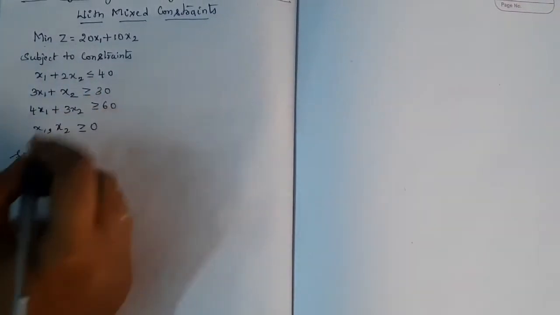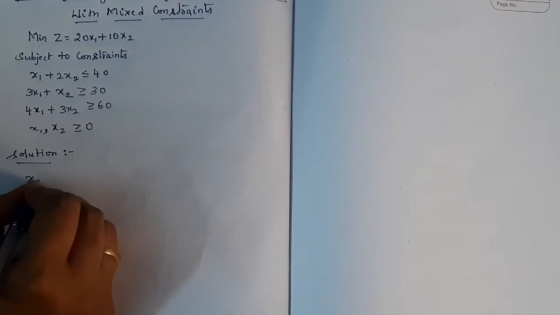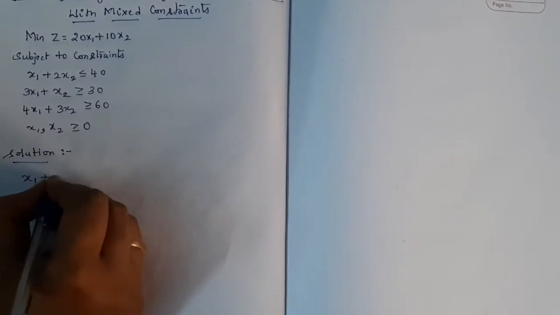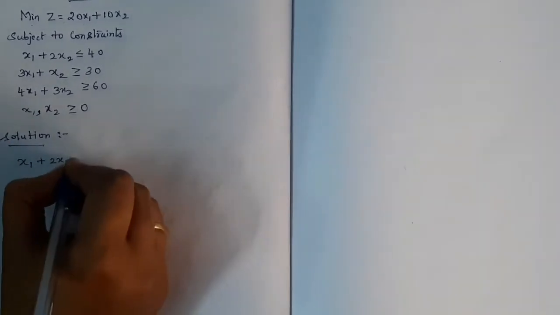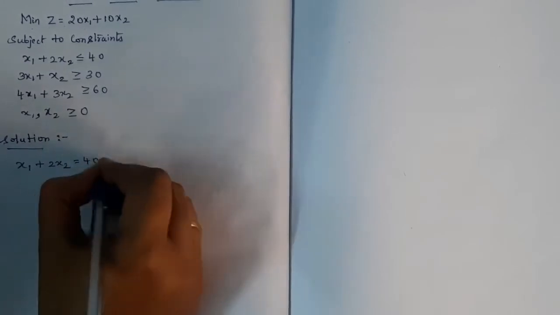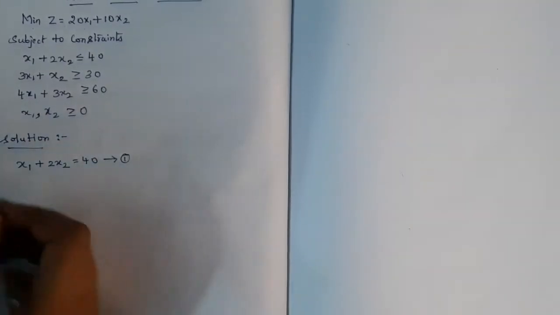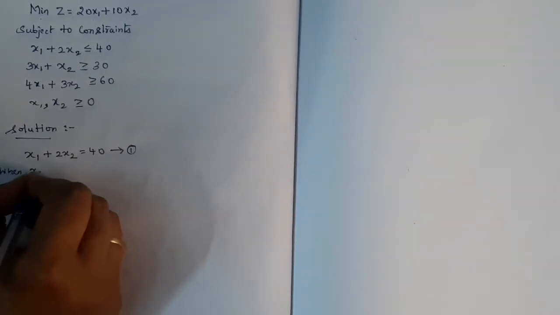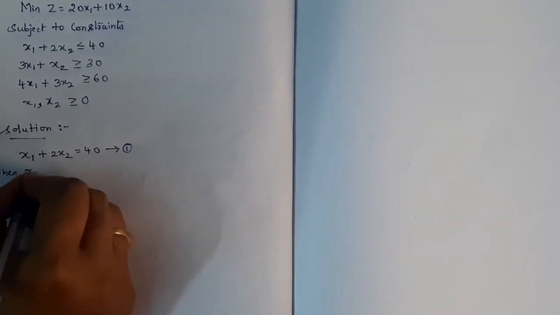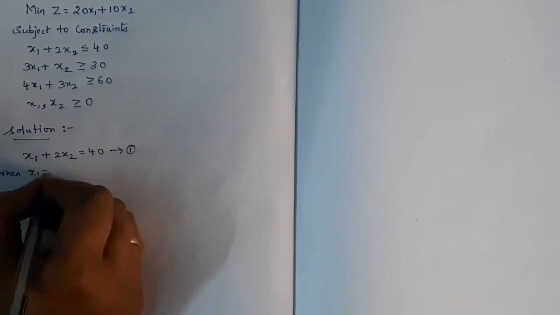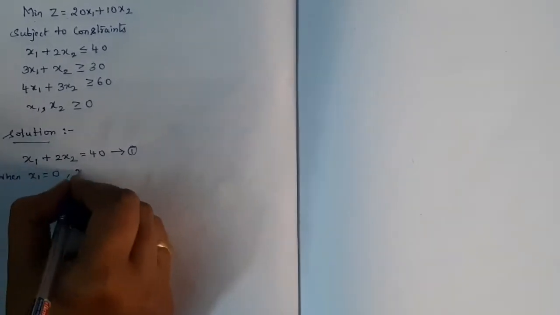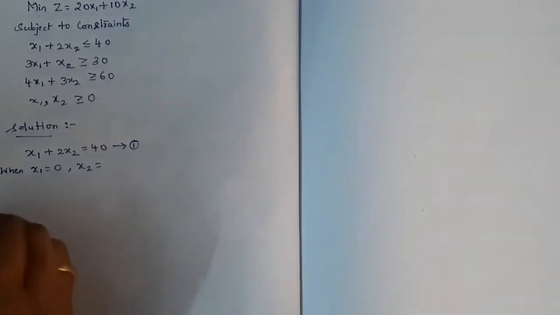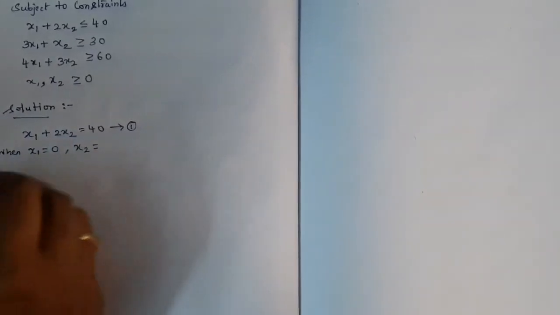So take down the first constraint, convert to equation: x1 plus 2x2 is equal to 40. So this is equation 1. Put x1 is equal to 0 and find x2 value in the first equation.